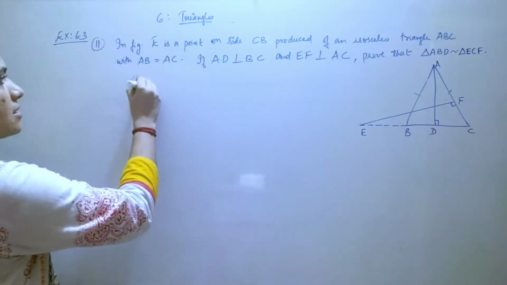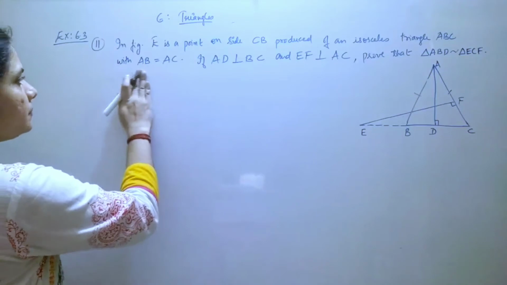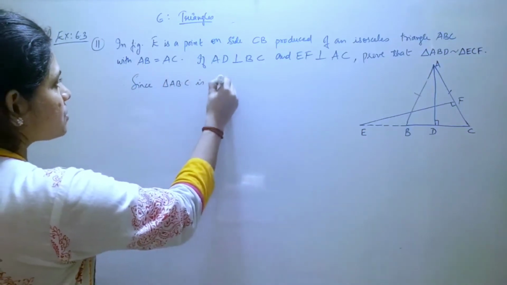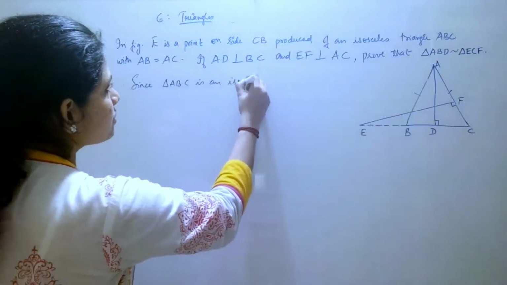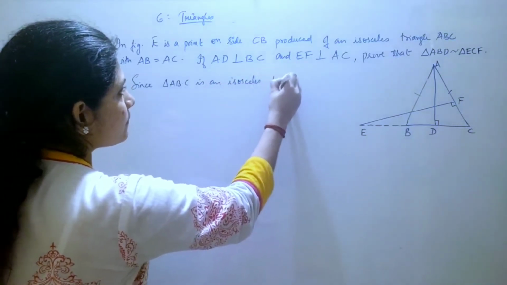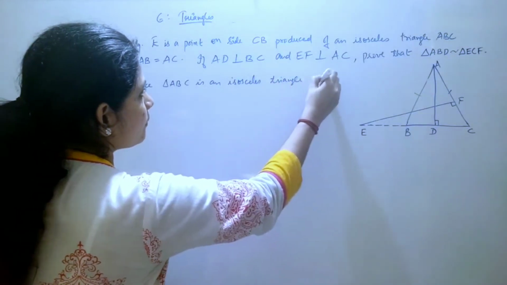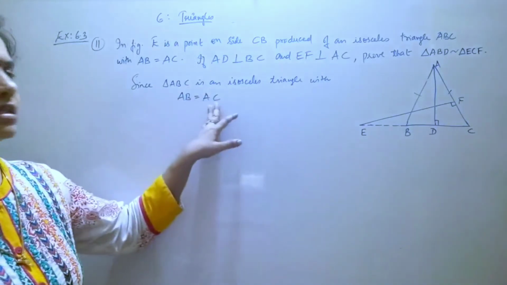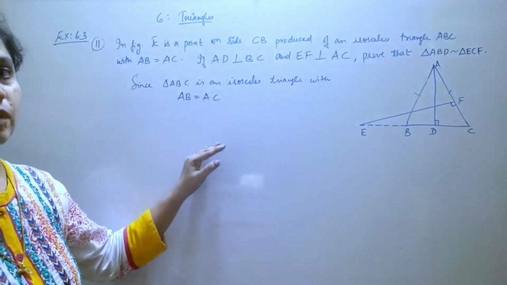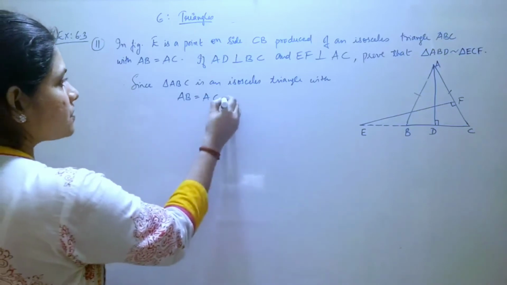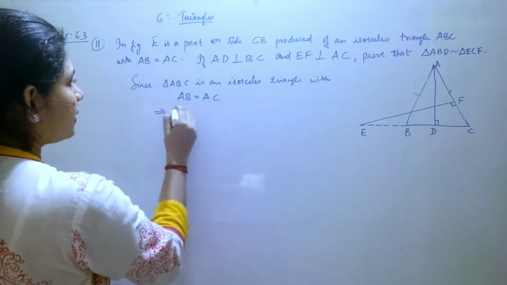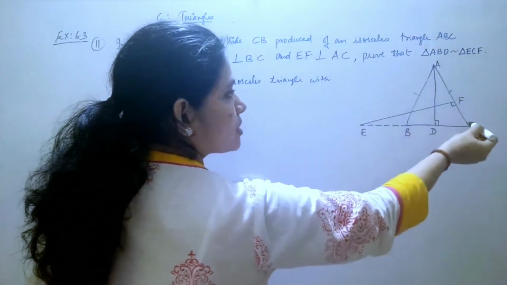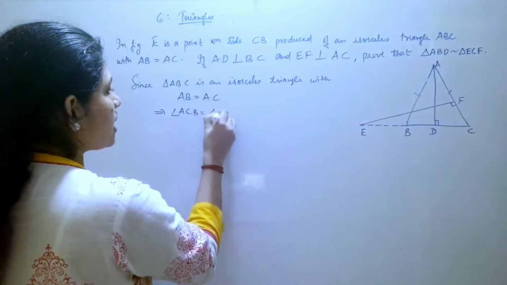Since triangle ABC is an isosceles triangle with AB equal to AC, these sides are equal, so their opposite angles will be equal. If you are taking AB, the opposite side is ACB. Angle ACB is equal to angle ABC.